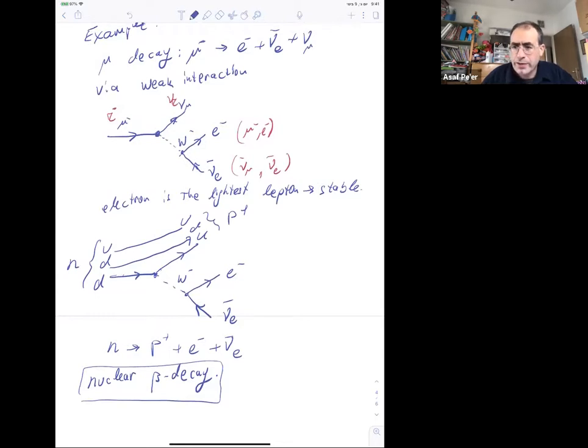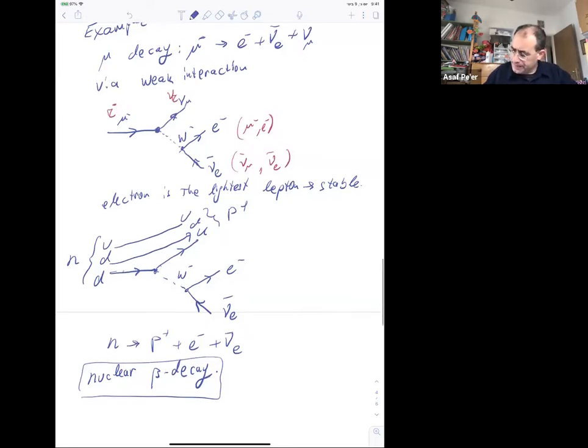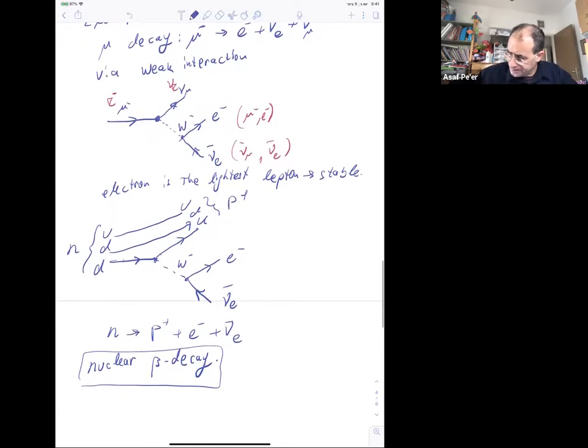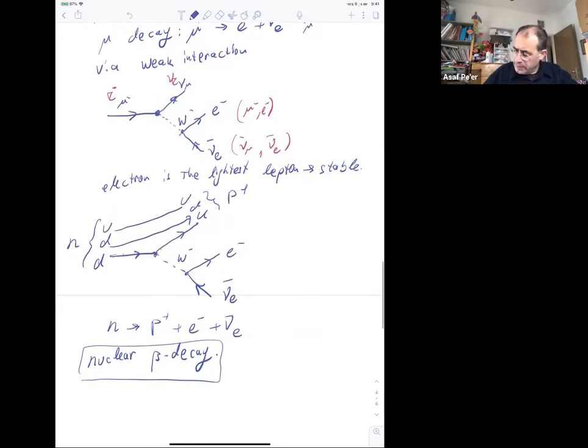Again, it's a weak interaction decay, but the process is the same as we had previously. Okay. Questions? Okay, no questions?